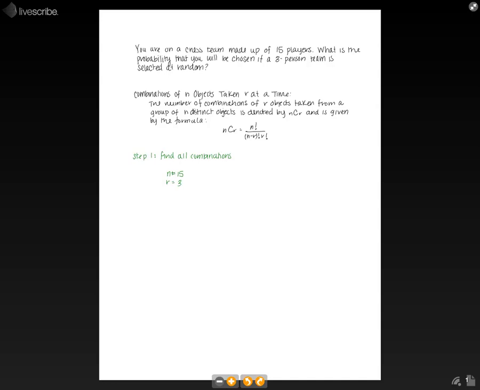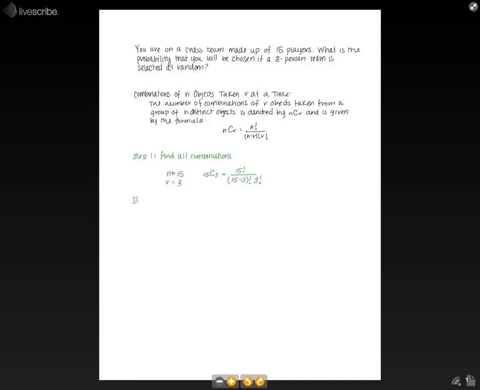So what we have is 15C3, which is equal to 15 factorial over 15 minus 3 factorial times 3 factorial. Alright, so we're not going to simplify that now. We'll wait till a little later to do that.